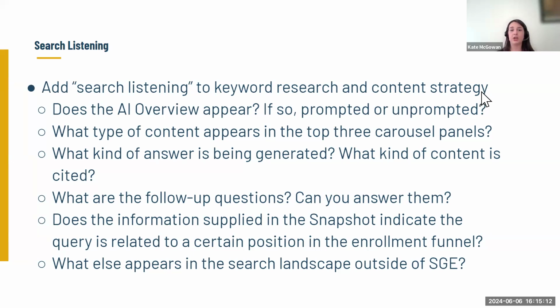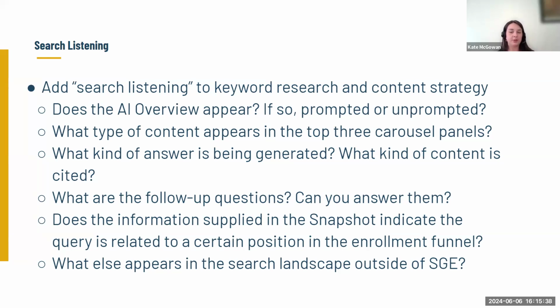Ask yourself what type of content is being cited in the AI overview and what content is being featured in the carousel panels. You ask yourself what kind of text answer is being generated. Are you getting the question? Are you getting the list? Are you getting the paragraph of content? Are you getting bullet lists? Also, what kind of content is being linked to and cited? Also, importantly, what are the follow-up questions?